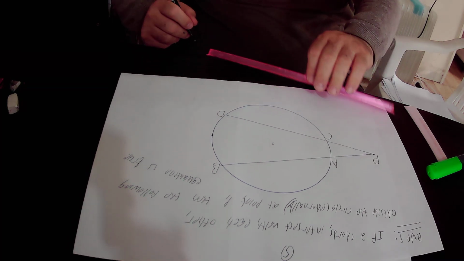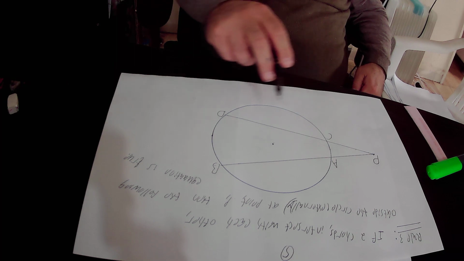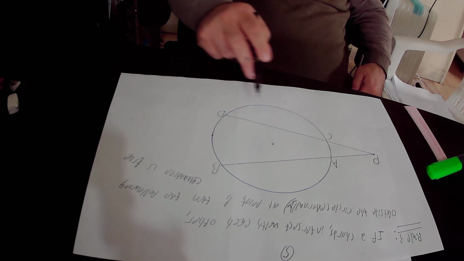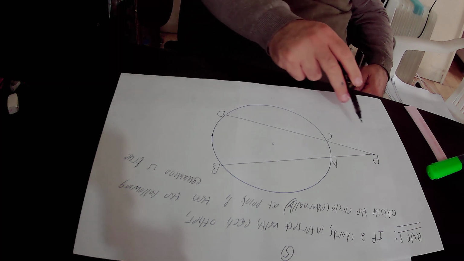I repeat, chord AB intersects with chord CD at point P.